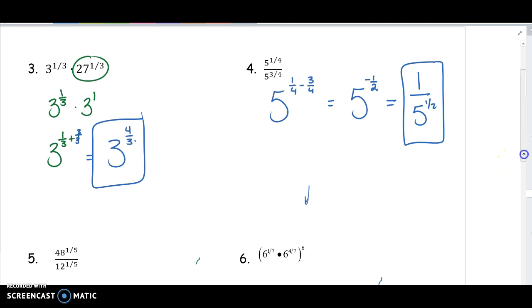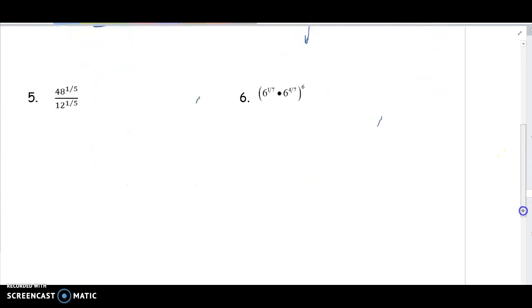Next, number 5. Do you notice that in number 5, the bases are not the same? So the first thing you should check is, can we do the 5th root of 48? No. Can we do the 5th root of 12? No. Okay, so that tactic didn't work. Do you notice that they both have the exact same exponent?